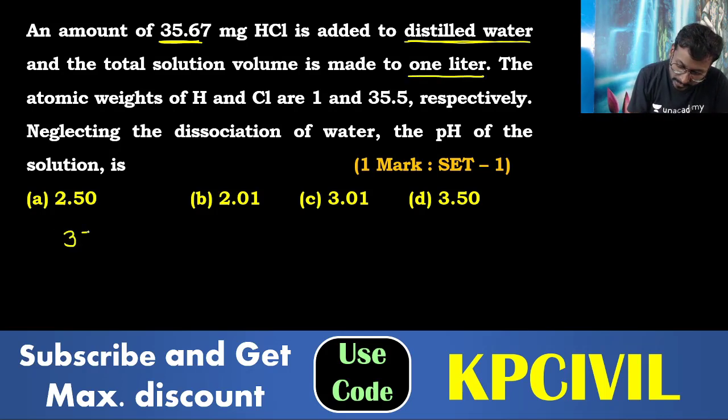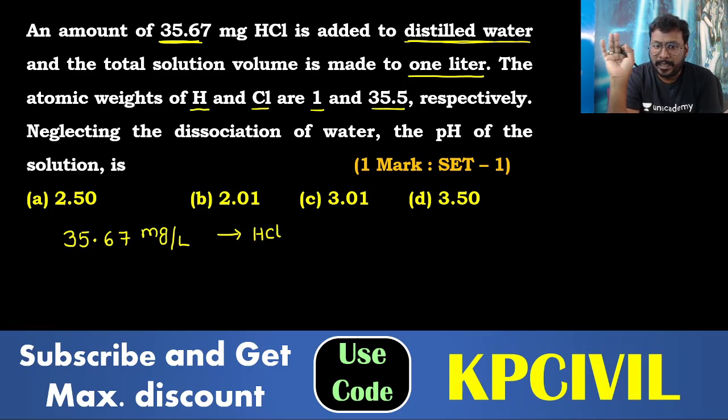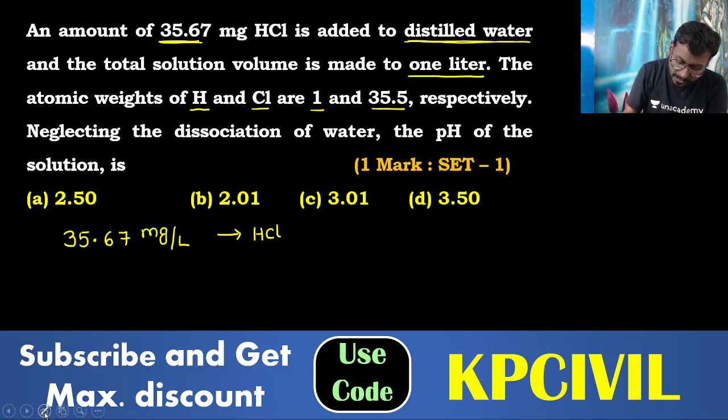That means it is 35.67 mg per liter of HCl, because into 1 liter 35.67 milligrams is added. Atomic weights of hydrogen and chlorine are 1 and 35.5 respectively. Neglecting dissociation of water, the pH of solution is required.